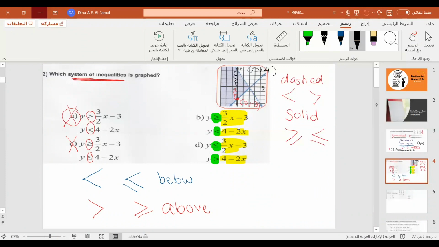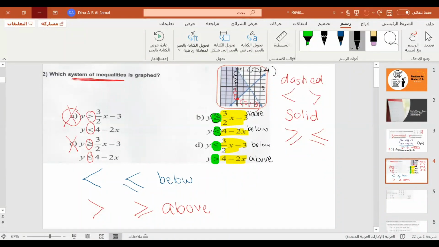So in general, you can focus on what each of them will tell you. So here, the solid line, it will show you that the shading is above the solid line, and it is below the dashed.